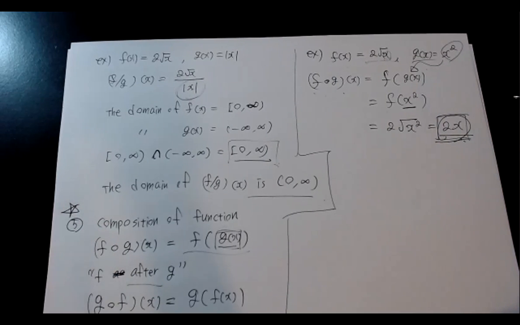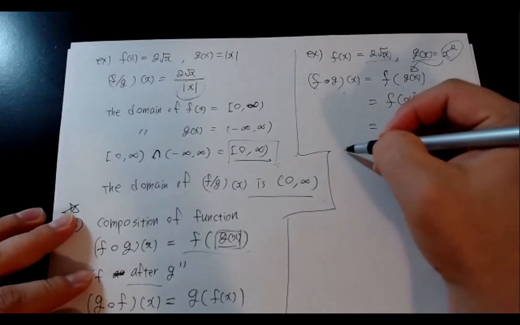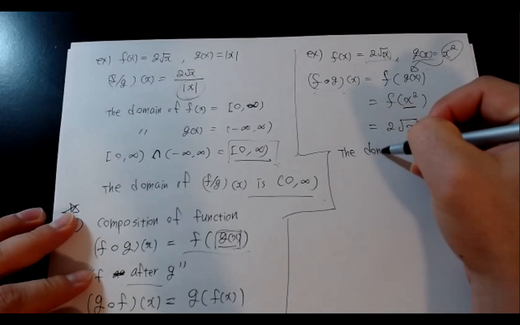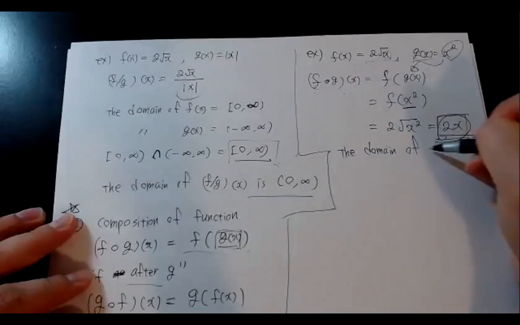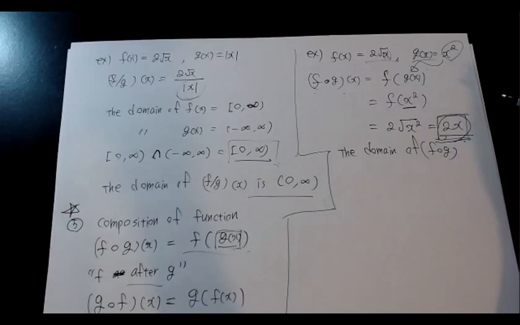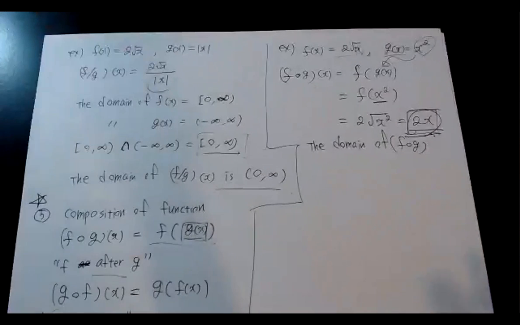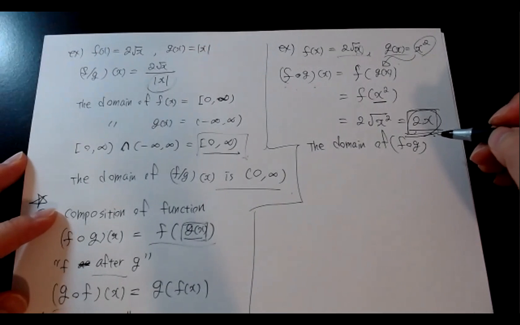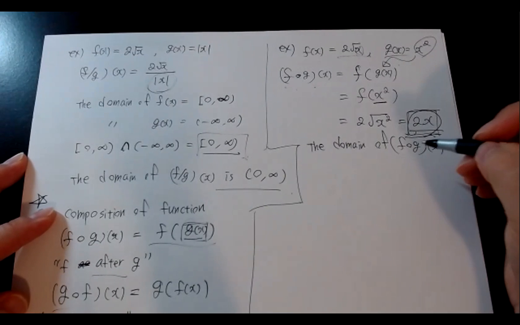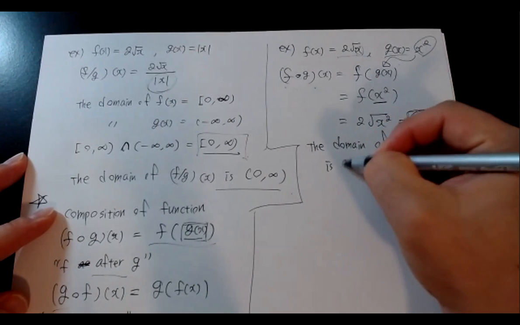I told you the domain of any polynomial is what? Negative infinity to infinity. Okay, so the domain of f circle g. Sorry, I keep saying f circle g, but this textbook uses f after g. Please understand that sometimes I read the composition as f after g or f circle g, but they are the same. Okay, so this one is negative infinity to infinity.